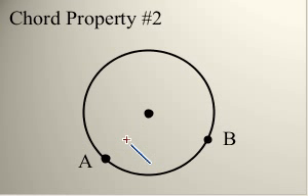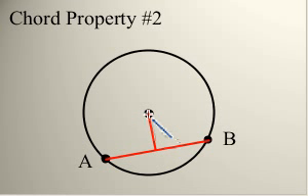The second chord property also deals with chord, here chord AB, and if we take a line that joins the midpoint of this chord, so let's say the midpoint is about here, if we take a line joining the midpoint and extend it to the center of the circle like this, then this line joining the midpoint here and the center is perpendicular to the chord or at a right angle.